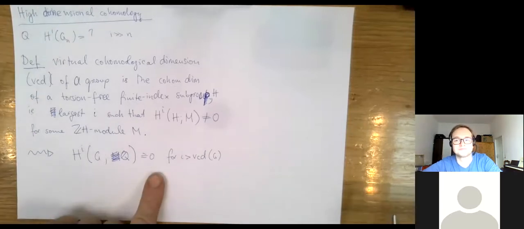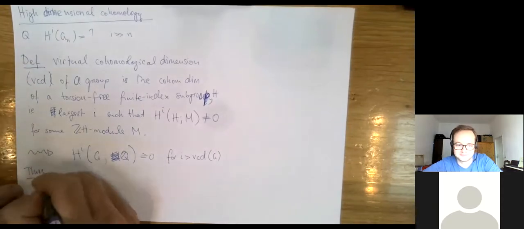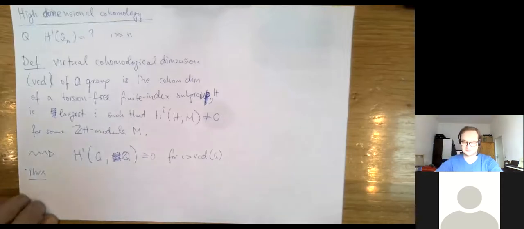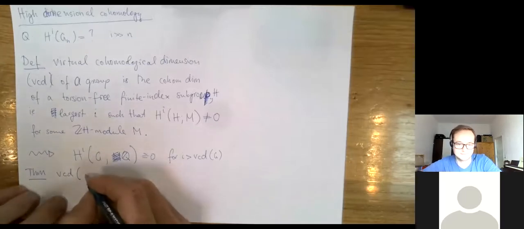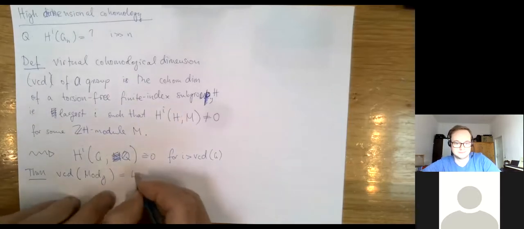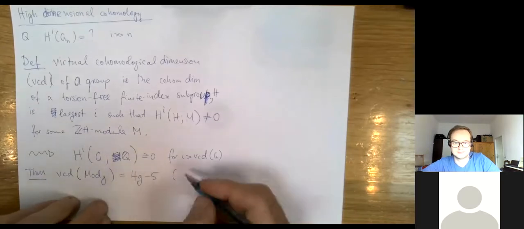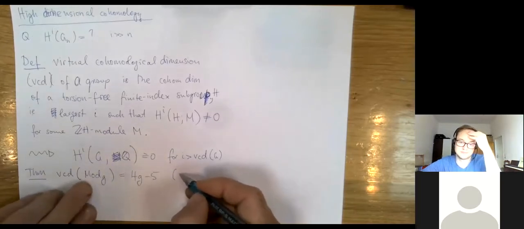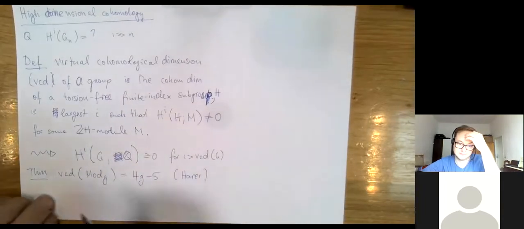Okay, so this already means that, let me say, about our groups, they all have finite virtual cohomological dimension, and those are 4G minus 5 for the genus G mapping class group. And it's a bit different if you have boundary components.